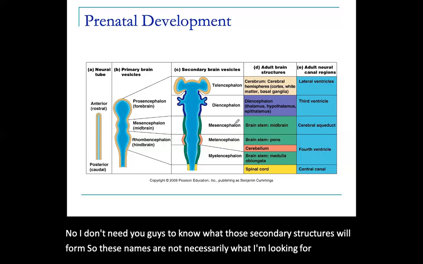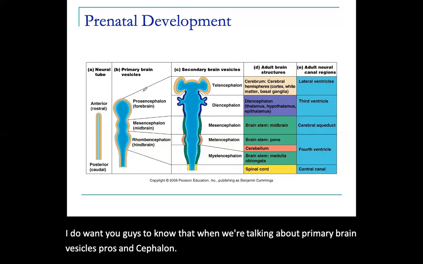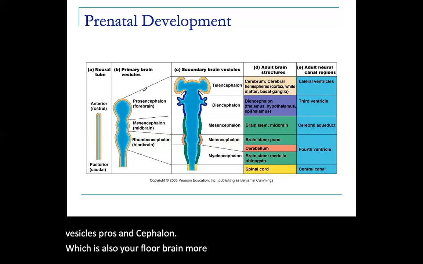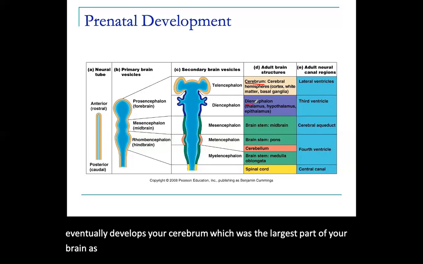However, I do want you guys to know that when we're talking about primary brain vesicles, prosencephalon, which is also your forebrain, more superficial aspect of the brain, eventually develops your cerebrum, which is the largest part of your brain, as well as the diencephalon, which is the thalamus and the hypothalamus.